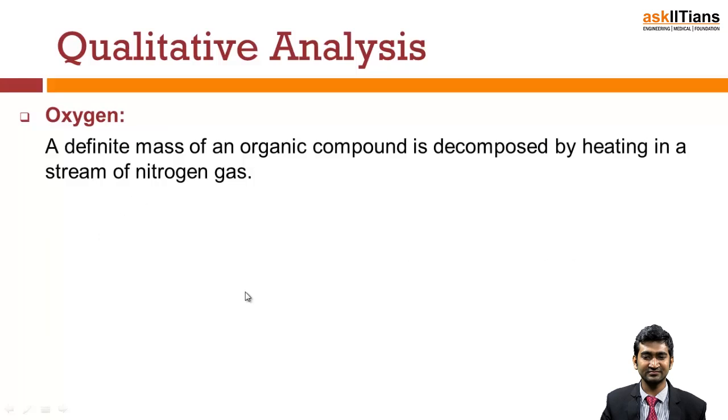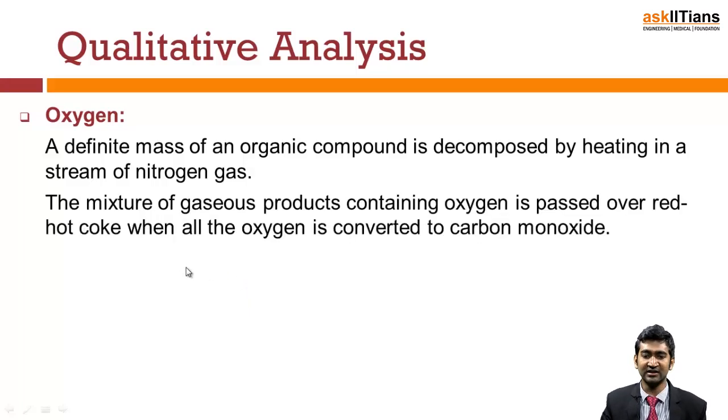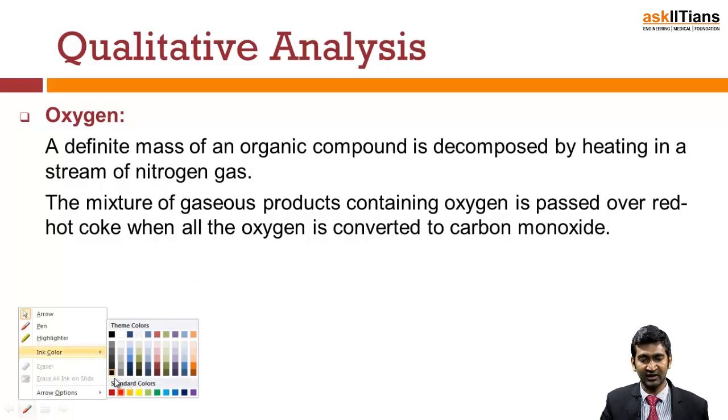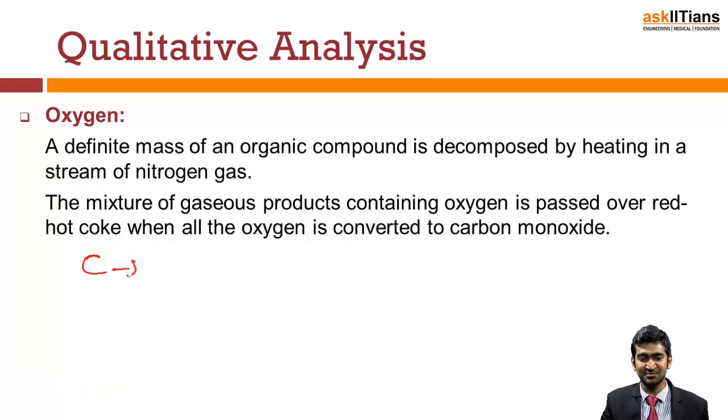For oxygen, a definite mass of any organic compound is taken and decomposed by heating in the presence of nitrogen gas. So what happens? The mixture of gaseous products which contains the oxygen is passed over red hot coke, the carbon. It is like a smelting process, guys, an analogy to the smelting process of the metallurgy chapter.